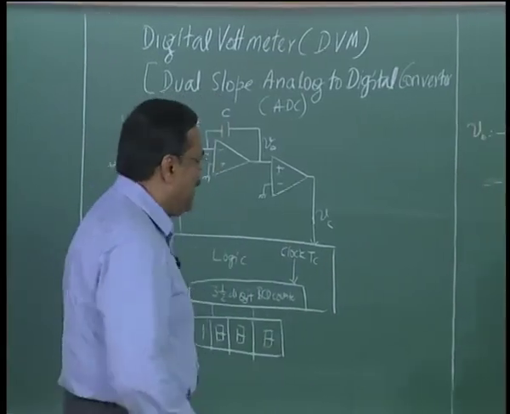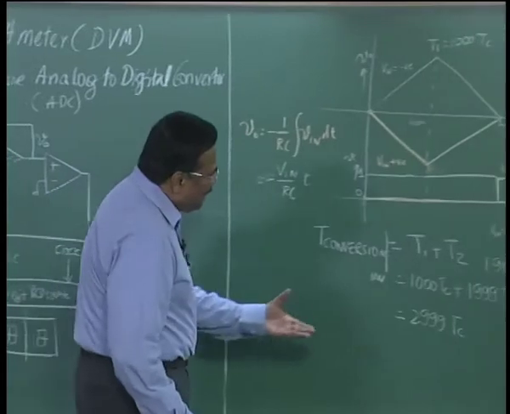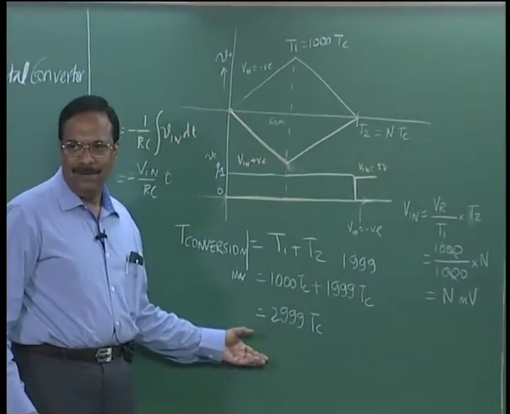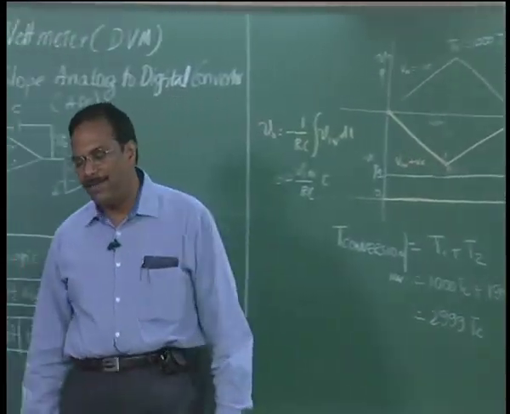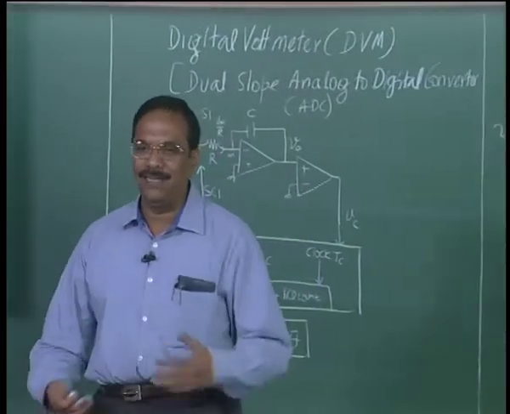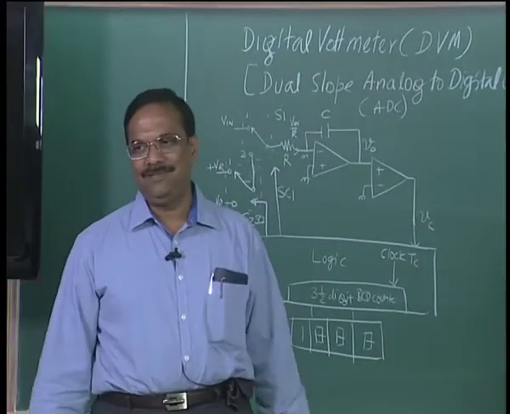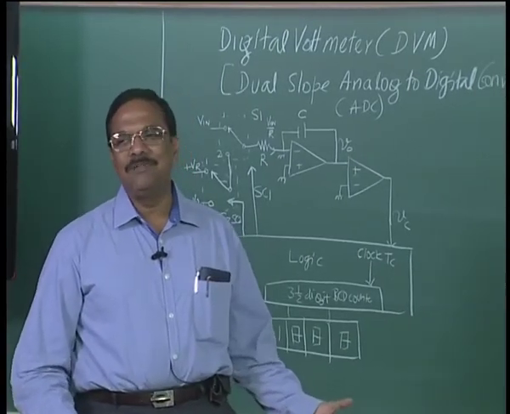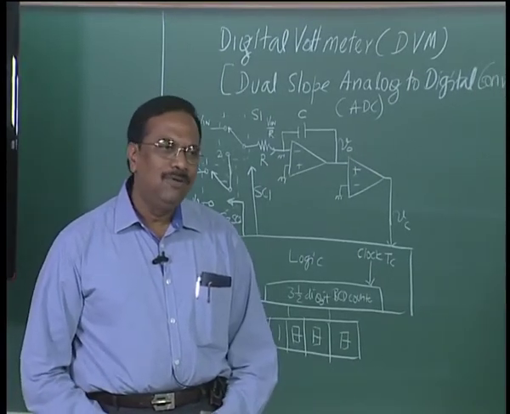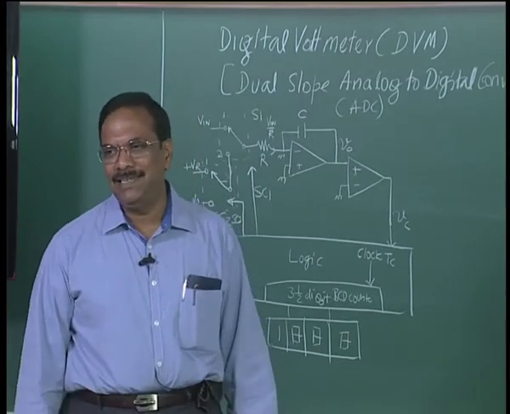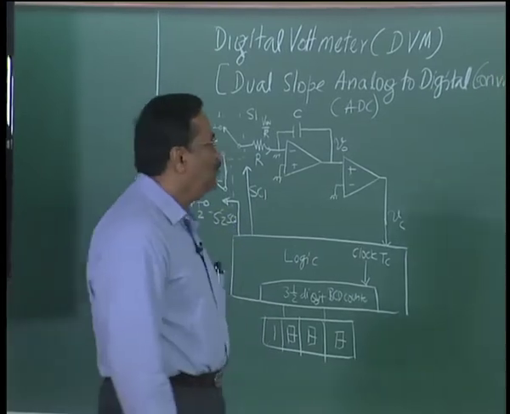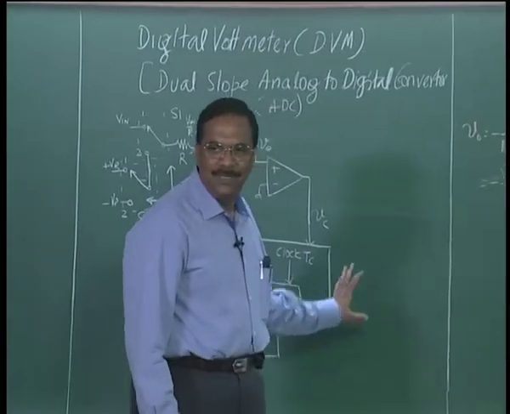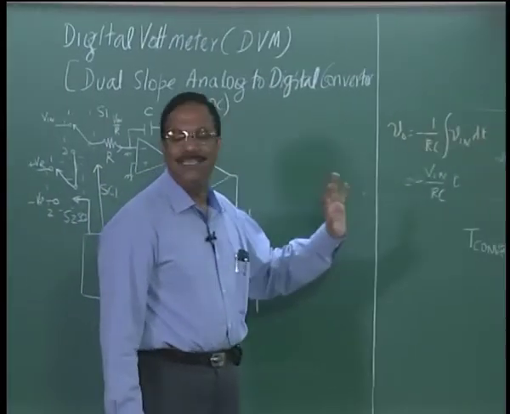So in such a case the low speed of the dual slope analog to digital converter is of no consequence. Typically you will get a few conversions per second to a few tens of conversions per second, that is the best you can get in a dual slope analog to digital converter, but we never use it in that sense.